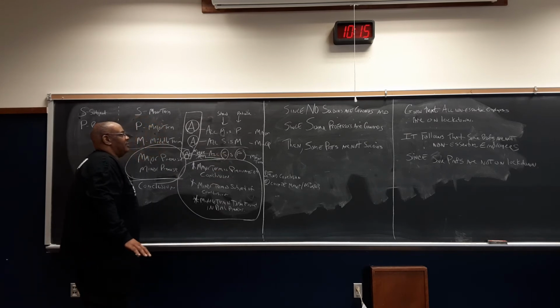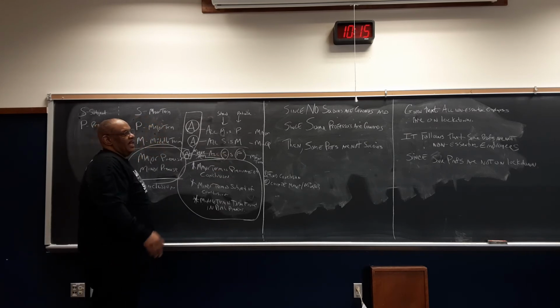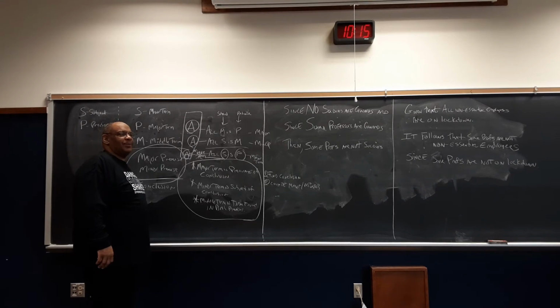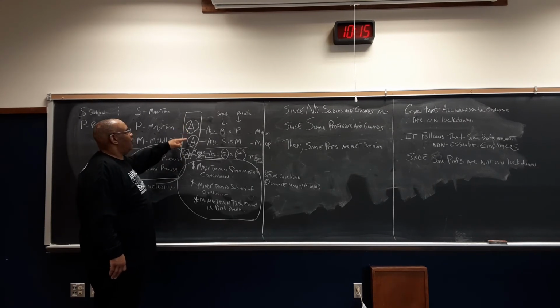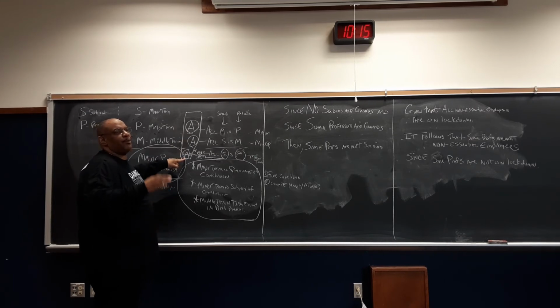Now, I just told you I was going to tell you a trick. In homework 2, it asks you to put the argument in proper order and tell me the mood of the argument. What is the mood? The mood is simply the proper syllogistic order of the categorical form statements.